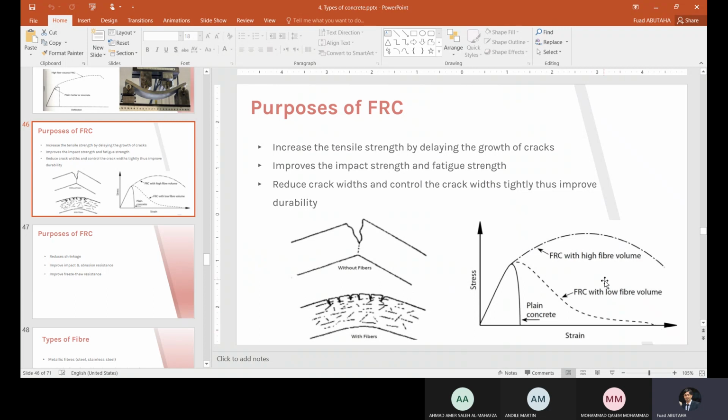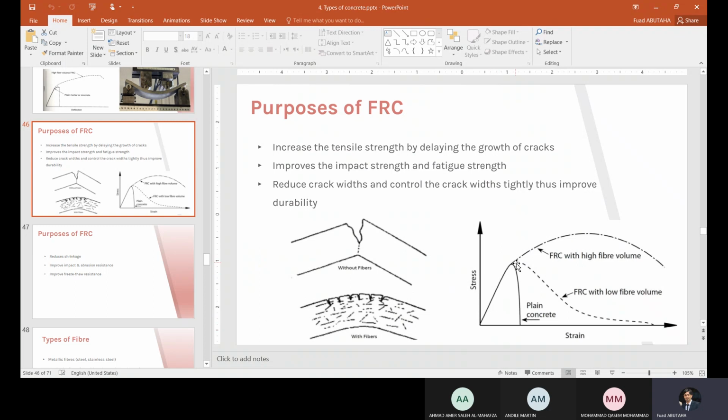So in structures, we try to use a material with ductile behavior. We try to avoid any material with sudden brittle failure. So it would be better to use concrete that has ductility or deformation behavior. But as I said, concrete is brittle.